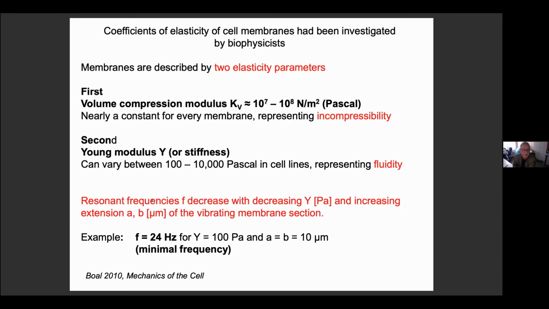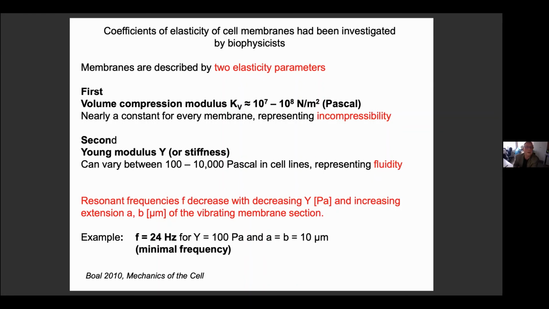So resonant frequency f decreases with decreasing Young modulus and increasing extension A and B, if the vibrating membrane section is larger. One example, this is a minimal frequency we can obtain: for a Young modulus of 100 Pascal and A and B of 10 micrometer, we get an eigenfrequency of 24 Hertz. And this is probably the minimal eigenfrequency we can get with that theoretical approach.